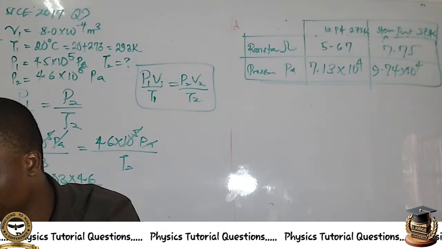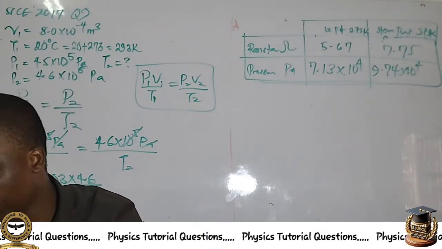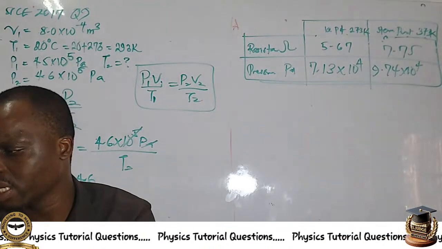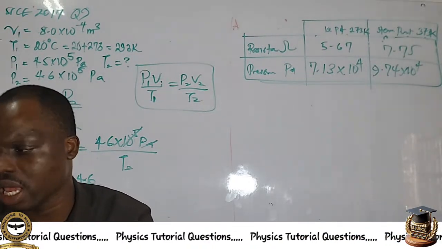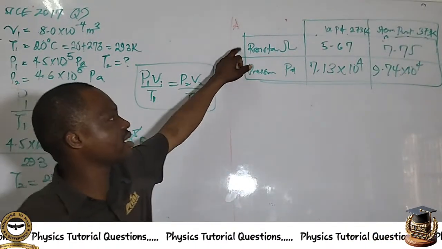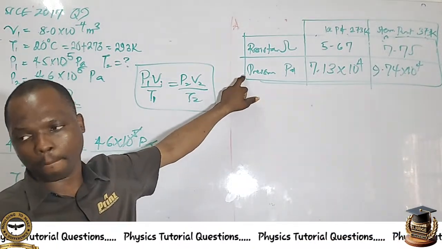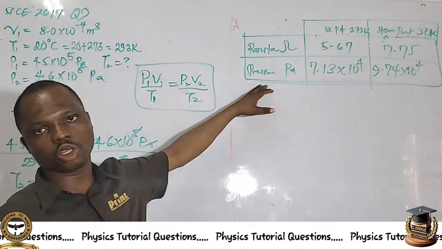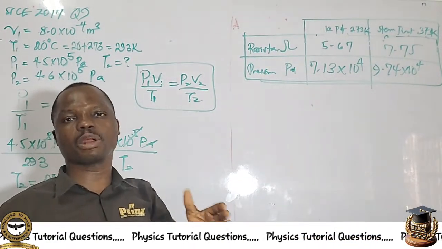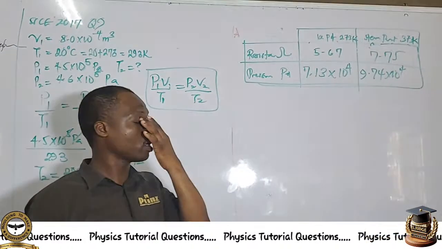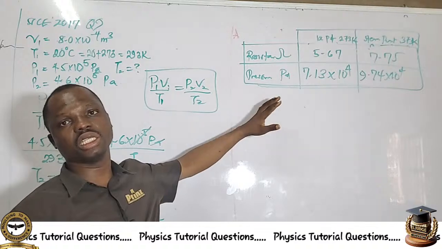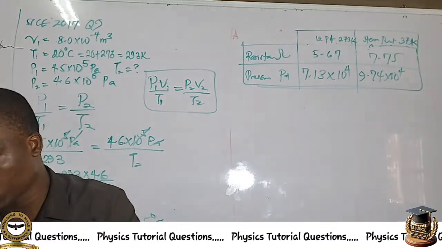Use this data to determine the temperature of the bath on the resistance thermometer and on the gas thermometer. The physical property of a gas thermometer is pressure, so we are changing the pressure of the gas.